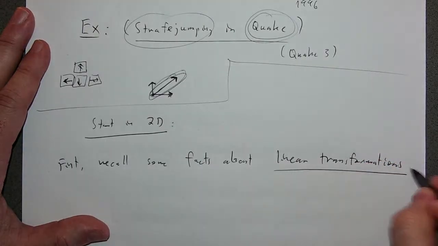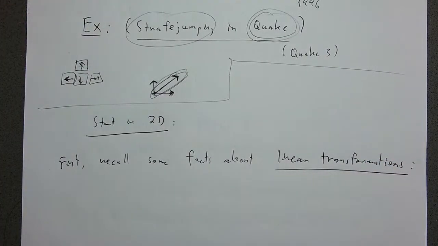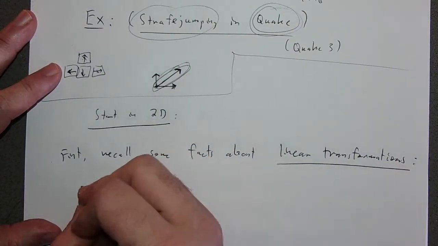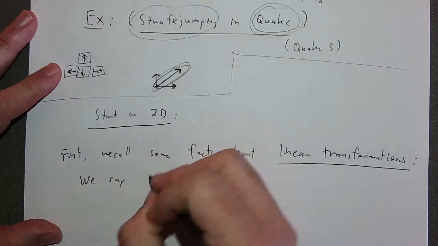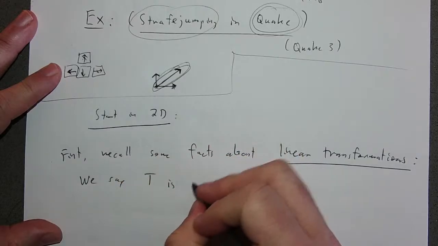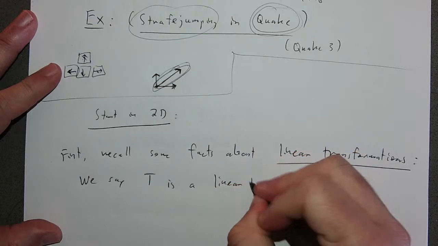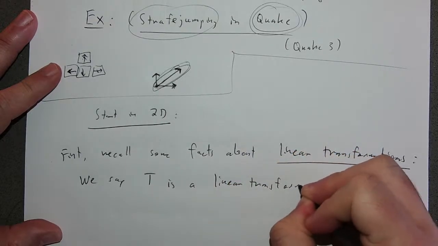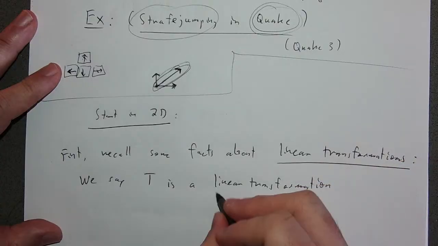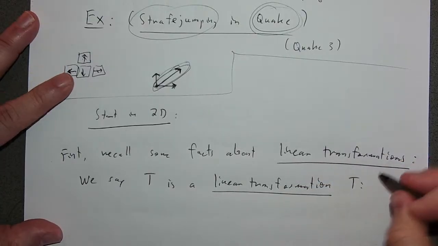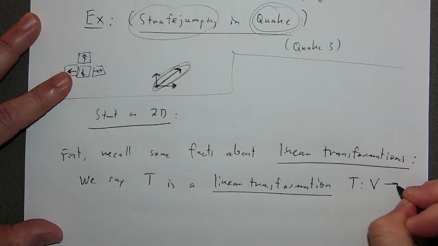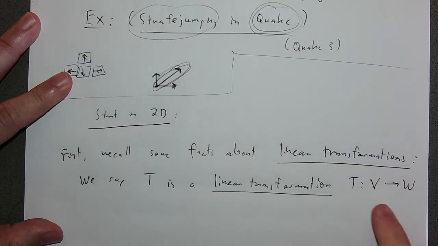So what is a linear transformation? A linear transformation is a function or a map between vector spaces. I'm going to use the words function and map interchangeably when I talk about these things. So we say T is a linear transformation, and we'll use the notation T from V to W. V is called the domain.